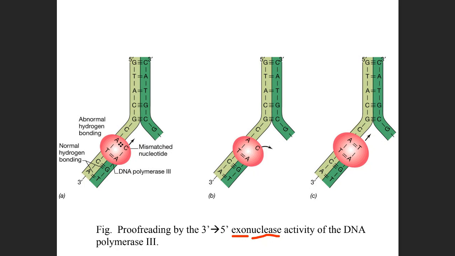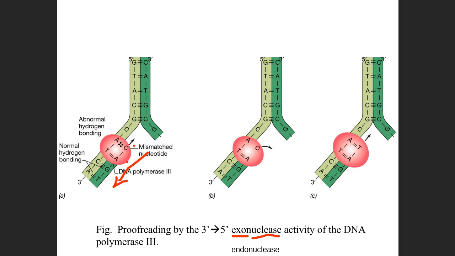Okay, so DNA polymerase 3 actually has exonuclease activity, and that exonuclease activity is opposite from the polymerase activity, so it is from 3 to 5. Why? Well, this is 3, and this is 5, and so it goes backwards.